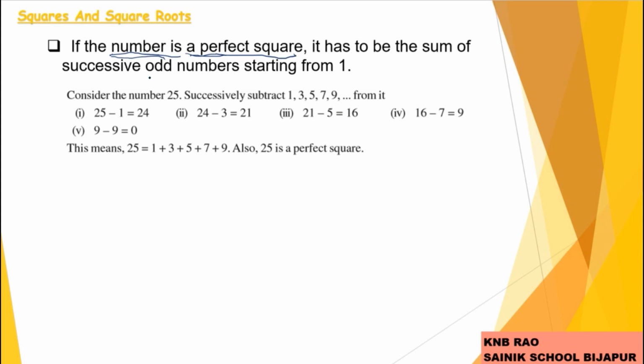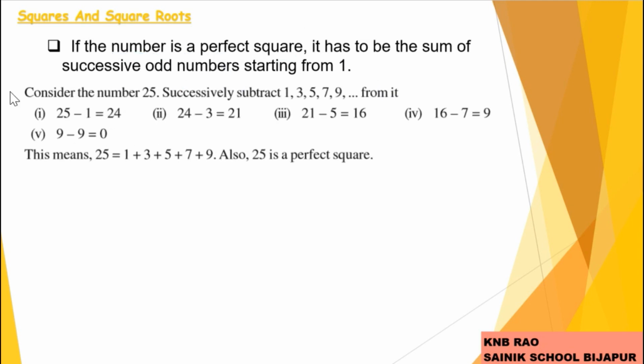For example, consider 25. If I wanted to check whether 25 is a perfect square or not, I will successively subtract odd numbers from 1 onwards.